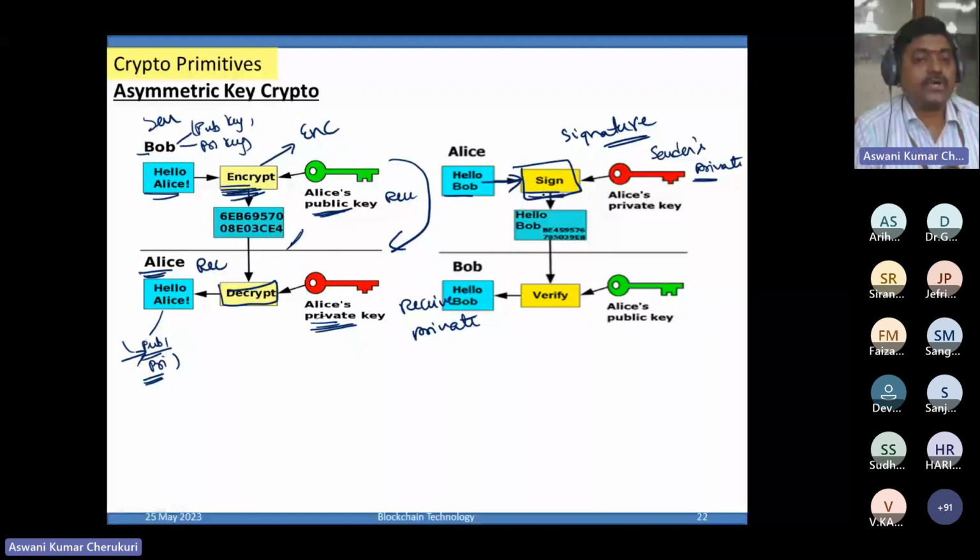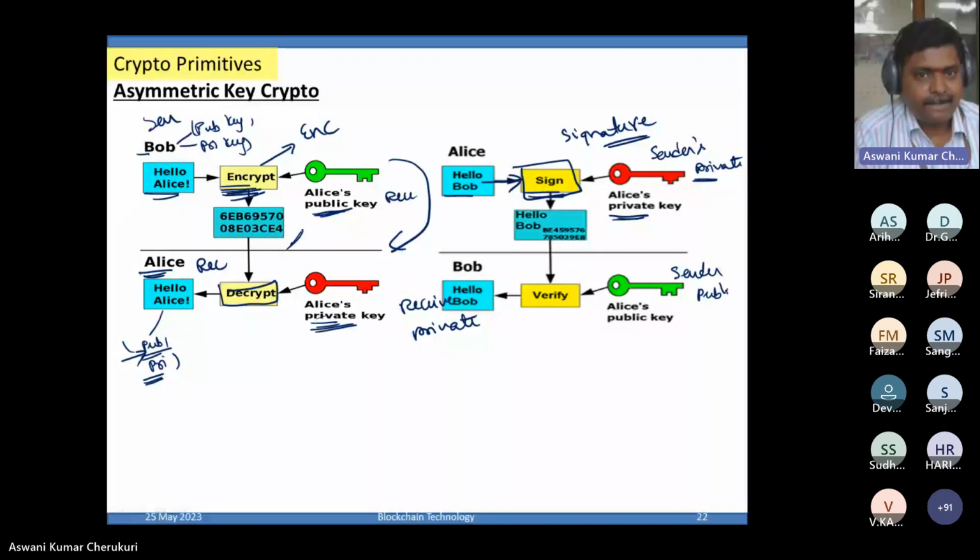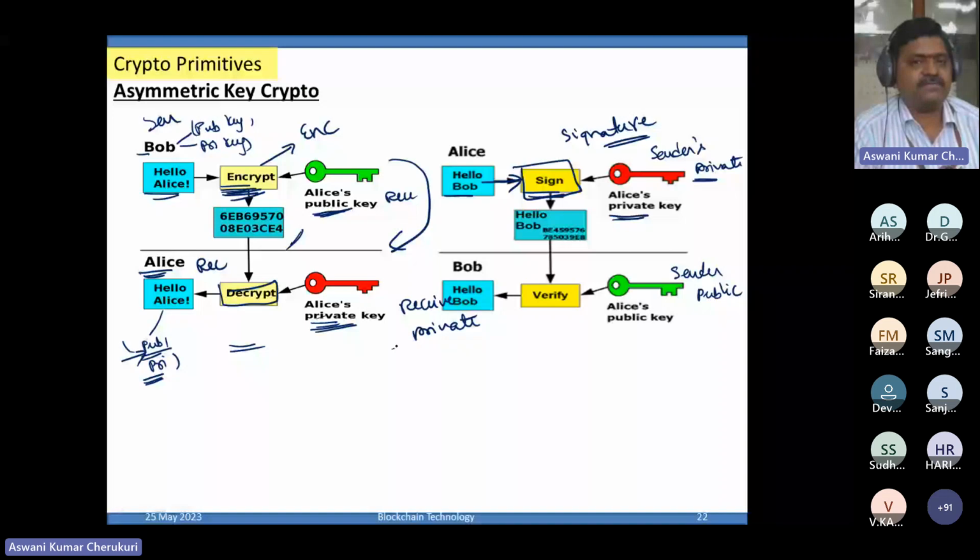Now you see the message gets processed with Alice's private key, that means the sender's private key. That message is sent to Bob. Now what would Bob do? Bob would process that message with the sender's public key. Now see here, on the other side, for decryption purpose, it is processed with the receiver's private key.